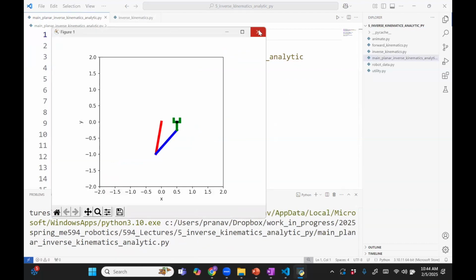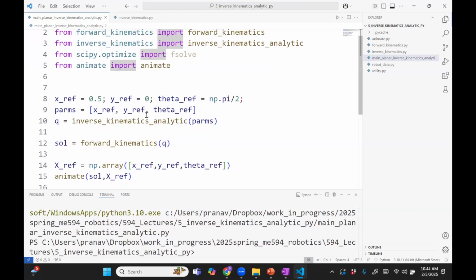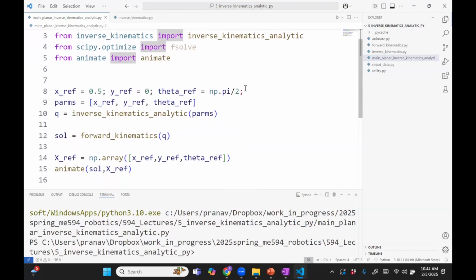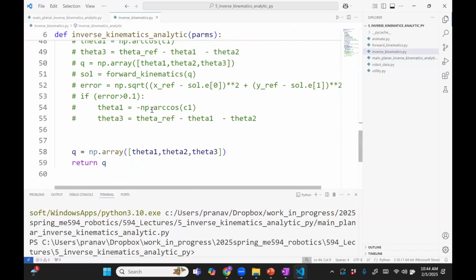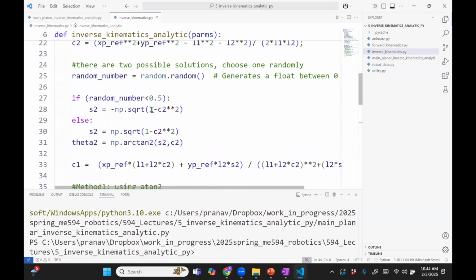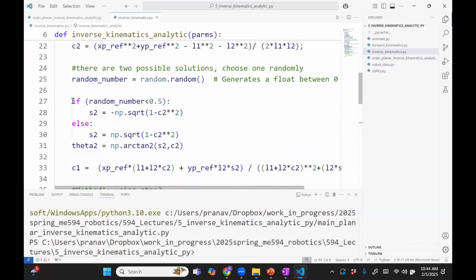that's the solution. Now, there are two solutions for this case. I don't know which one this is, but we can quickly check. The random number generator always generates a number between 0 and 1.